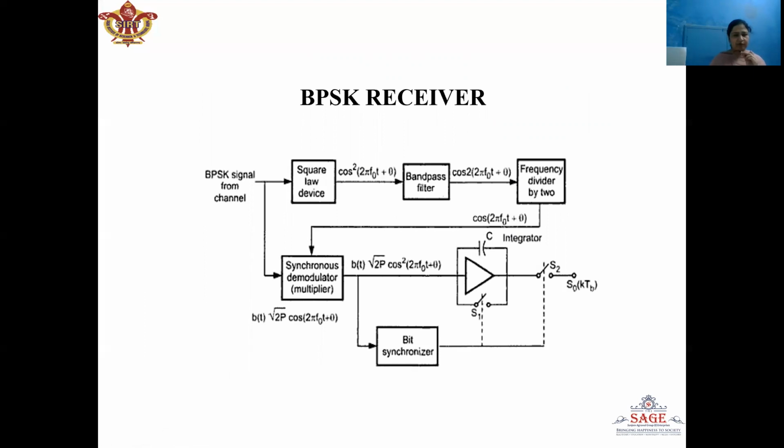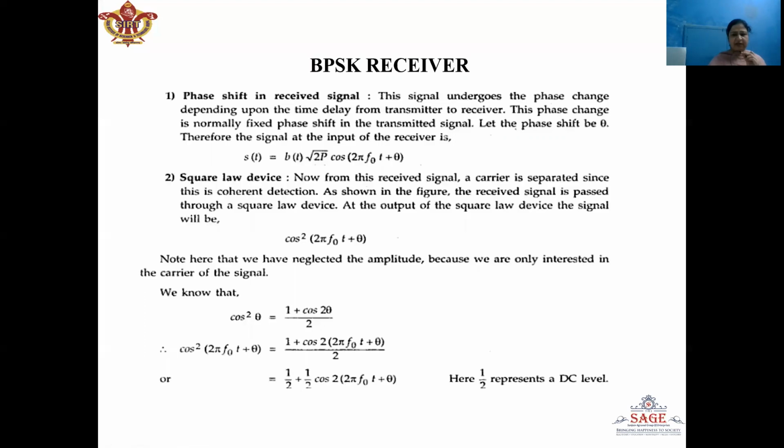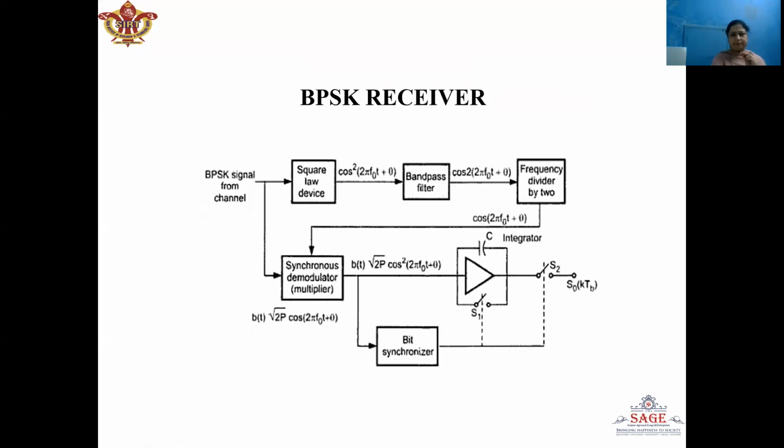So the output of the bandpass filter will give the second part of the signal, which is half cos (2 pi f naught t plus theta). Then we have used a frequency divider, which is composed of a flip-flop and a narrow band filter tuned to frequency fc.